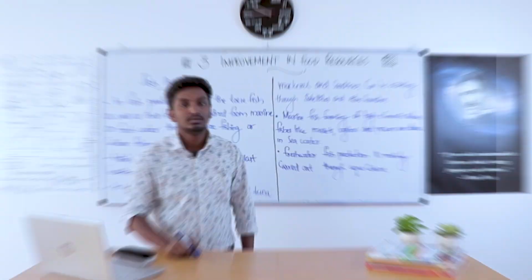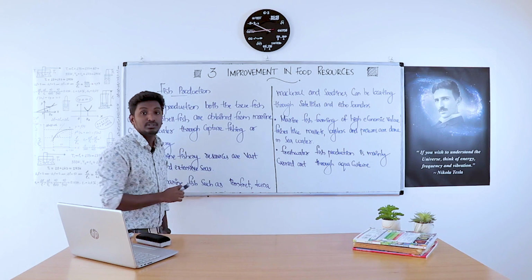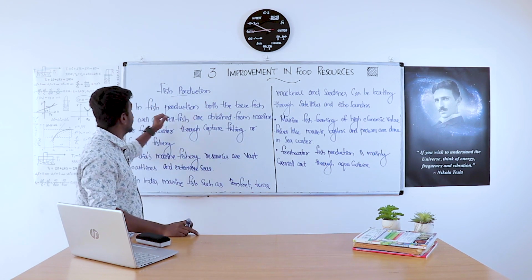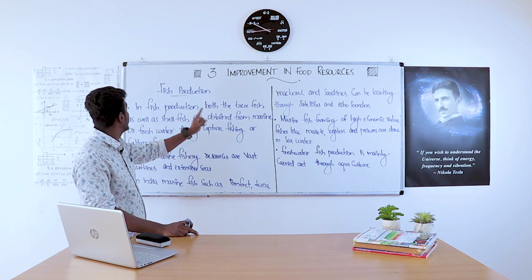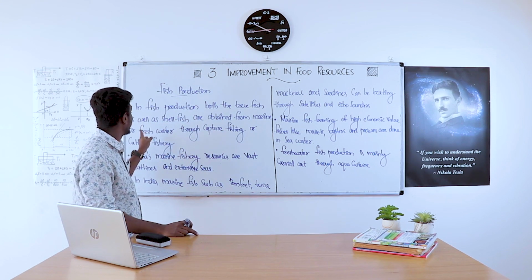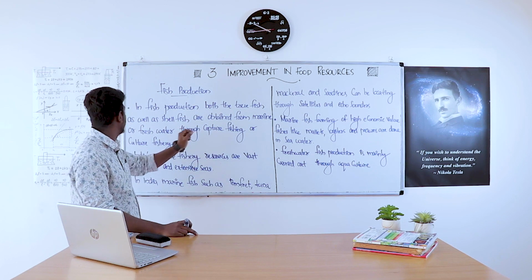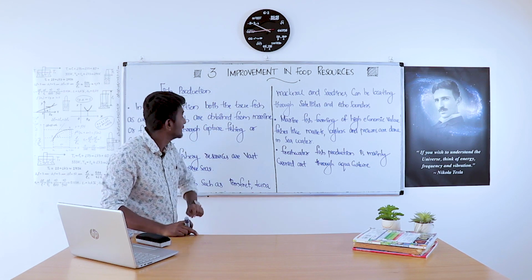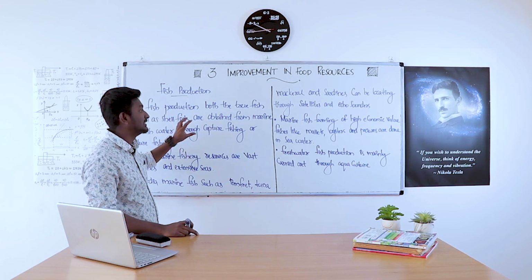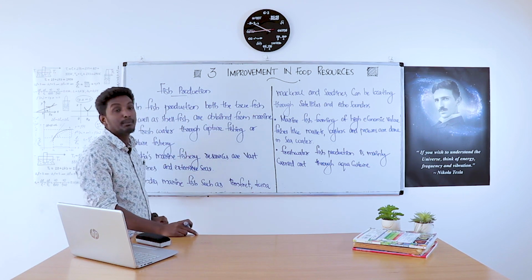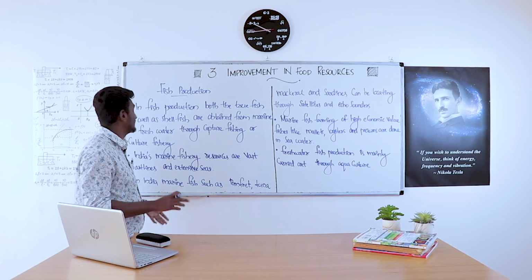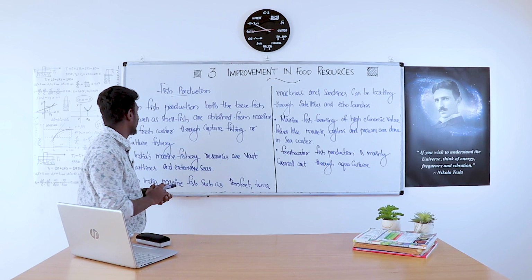Okay. Now we are moving to the next topic, that is fish production. In fish production, both true fish as well as shellfish are obtained from marine or freshwater through capture fishing or culture fishery.